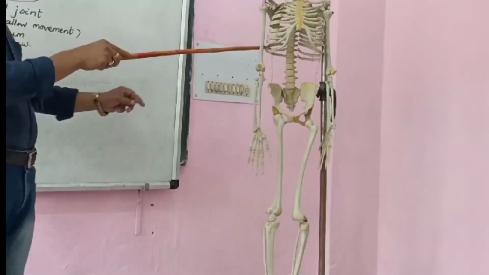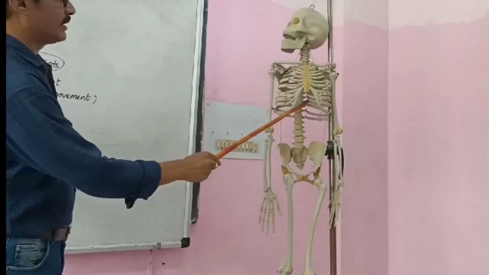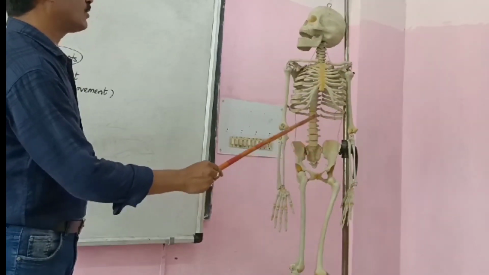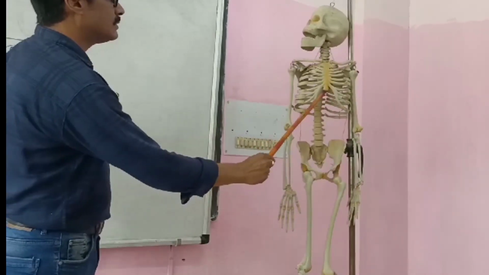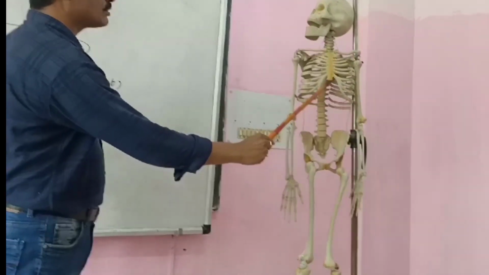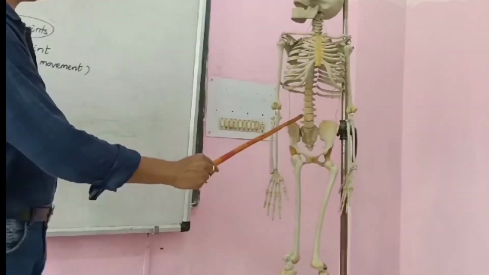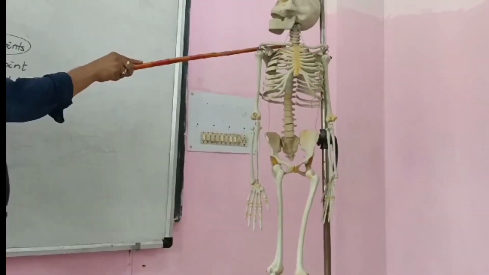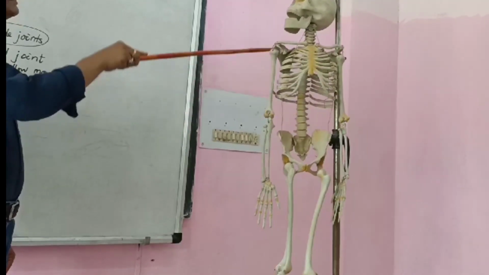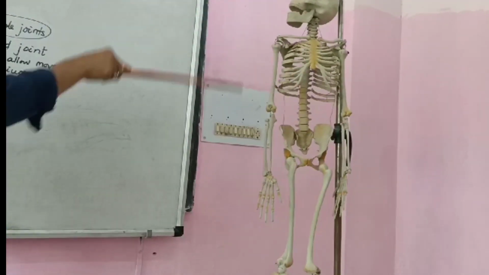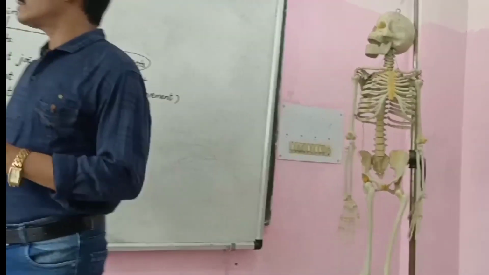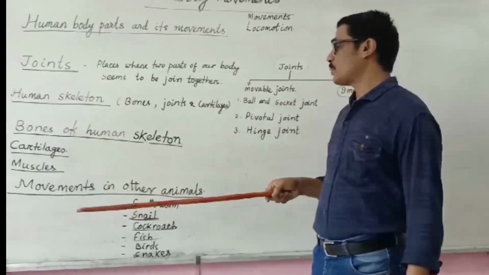Next is the backbone. It is found on the back side of your body. It consists of small ring-like bones. These bones form a cylindrical part, and it also allows bending. These are all the different types of bones of the human skeleton.